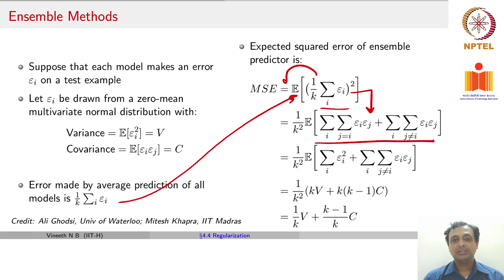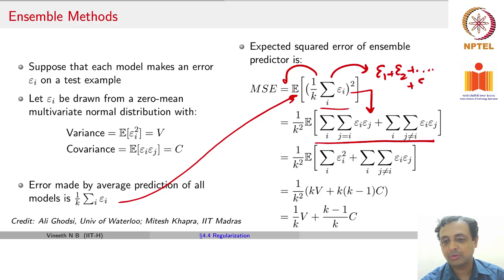So we are writing out summation over i epsilon_i whole square, which is equivalent to saying something like (epsilon_1 plus epsilon_2 plus so on and so forth till epsilon_k) whole square, which is like (a plus b) whole square, is a square plus b square plus ab plus ba.